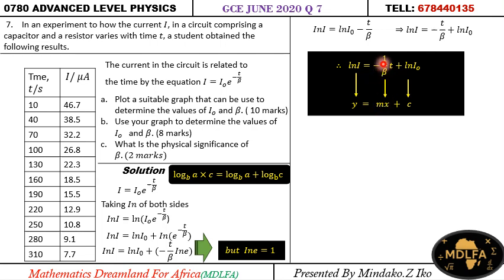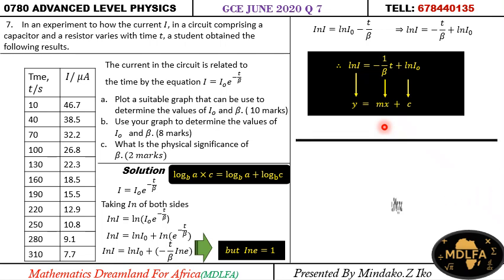Therefore negative 1 over beta is actually a constant too. So either you write it in this format or you explain, as I earlier said, that you are plotting a graph of ln I against t with slope negative 1 over beta and intercept ln I naught.